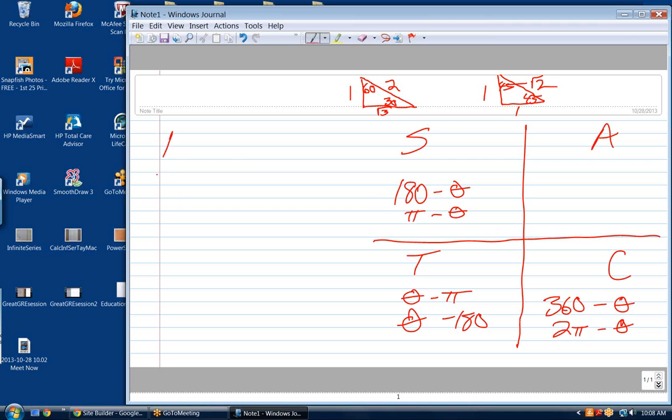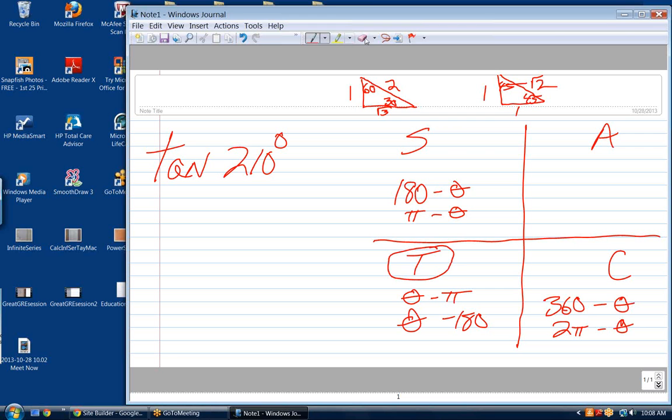So let me give you one. What's the tan of 210 degrees? Which quadrant? The third. Tangent is positive in the third.